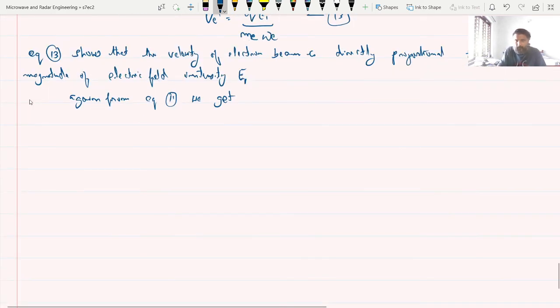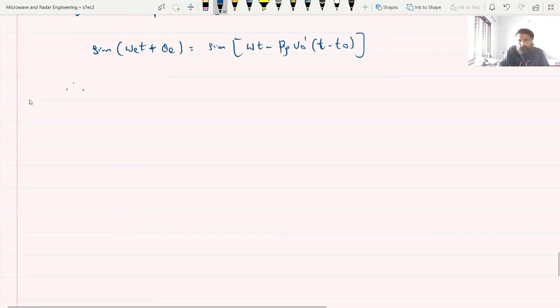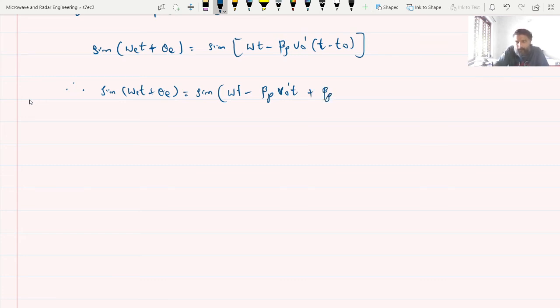Therefore sin(omega_e t plus theta_e) equals sin(omega t minus beta_p V naught dash t plus beta_p V naught dash t naught).